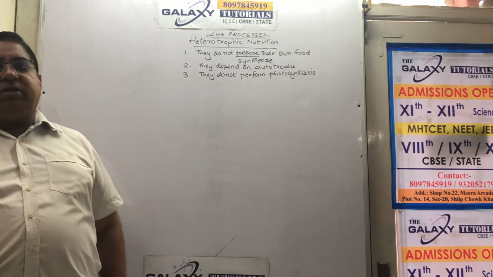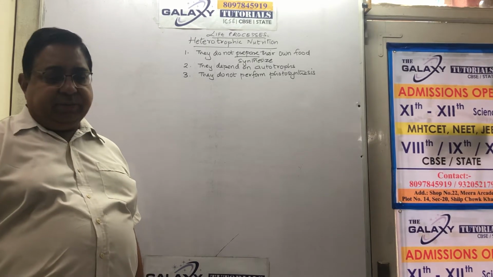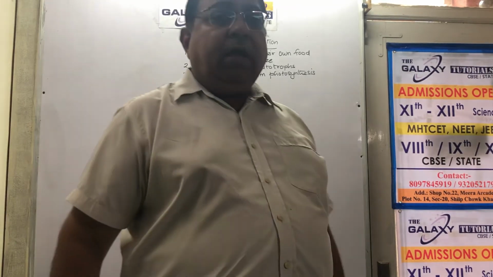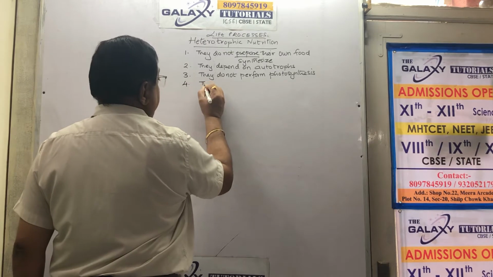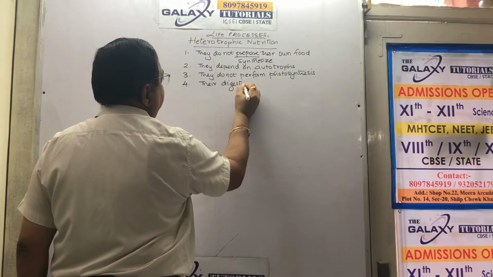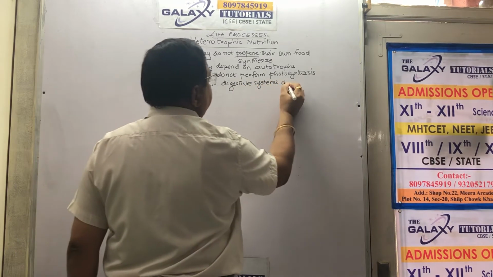Hence we have various types of animals, so many species of animals, just like plants, but animals don't look the same. They have a well developed enzyme system. Their digestive systems are well developed.